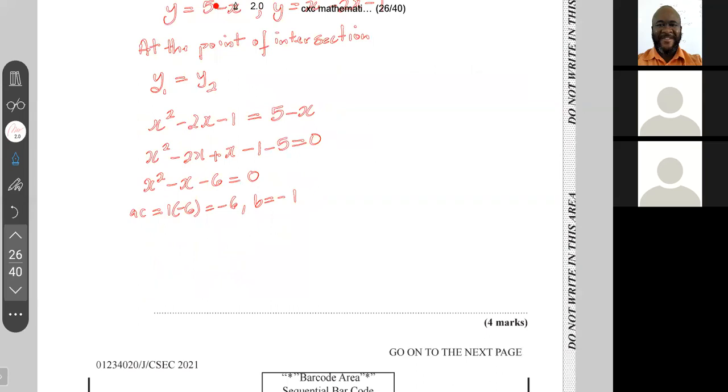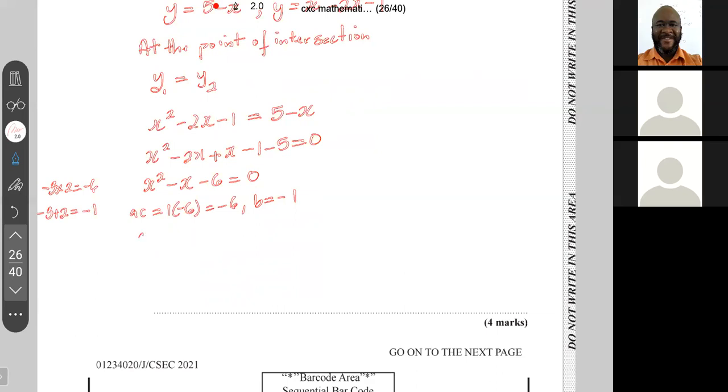So one of the numbers must be negative and one must be positive, and the sign of B is the sign of the larger number. The two numbers are minus 3 and positive 2. When you multiply them together, you get minus 6. When you add them together, you get minus 1.